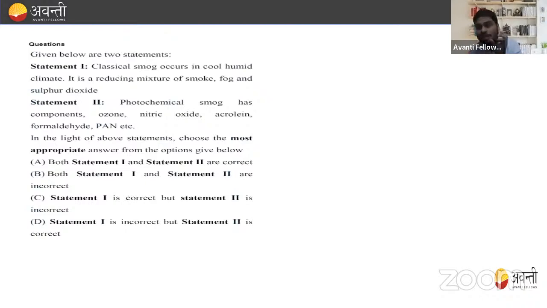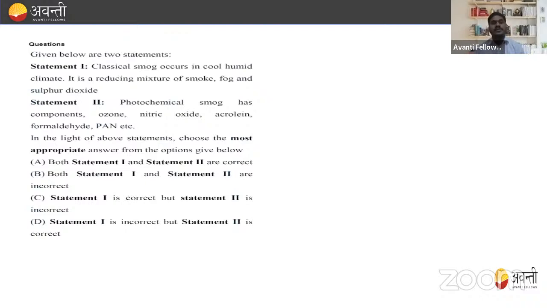Photochemical smoke occurs in the presence of sunlight, in dry conditions, when the sun is there, or we say in the afternoon. But classical smoke or London smoke occurs in a cool, humid climate, and it is a reducing mixture of smoke, fog, and sulfur dioxide.